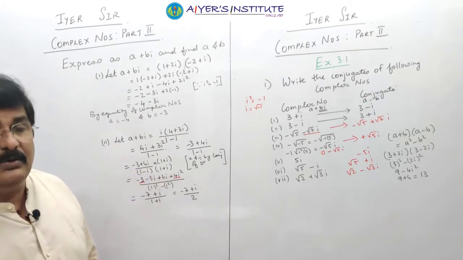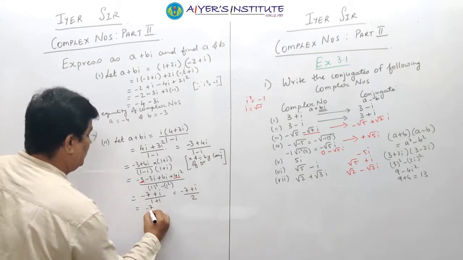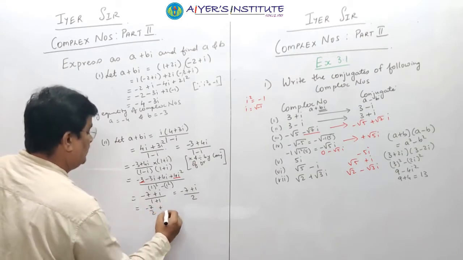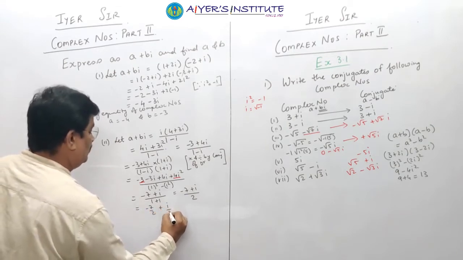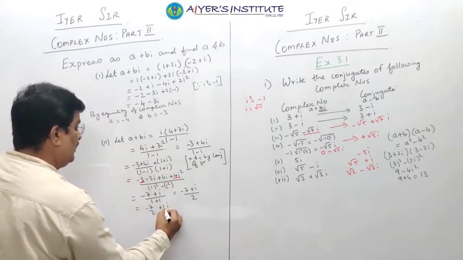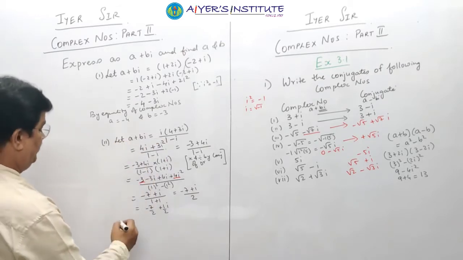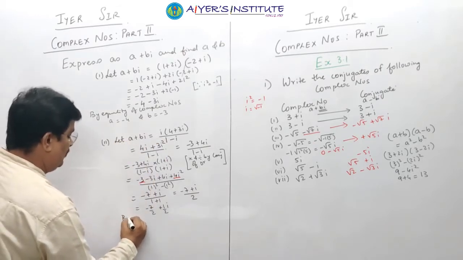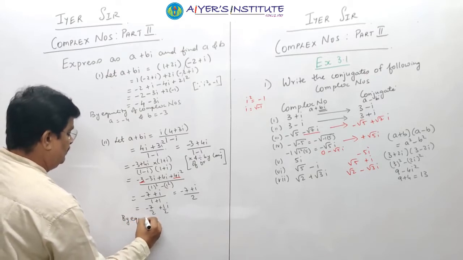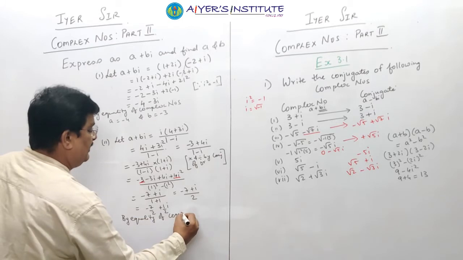Okay, now what we'll do, we'll give this 2 to both. So this will become minus 7 upon 2 plus i upon 2. This i upon 2 can also be written as 1 upon 2 i, because we want to express it as a plus bi. Then by equality of complex numbers, I have explained that in the last lecture.